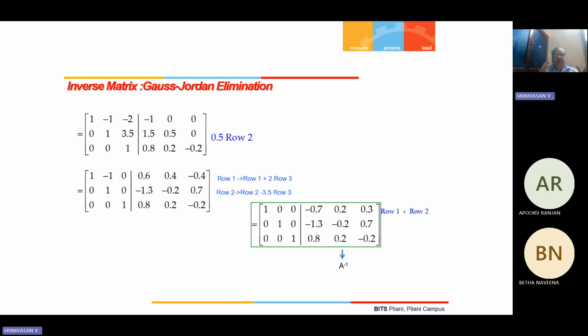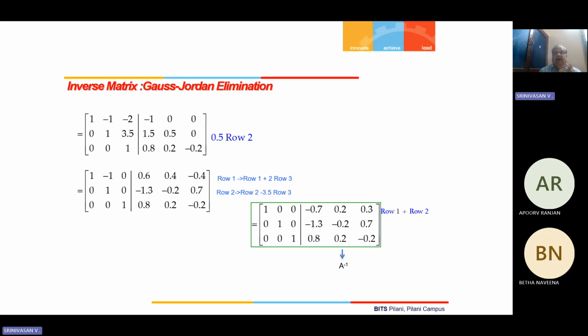So that you will have only principal diagonal elements on the left hand side: 1 0 0, 0 1 0, 0 0 1. That is, one each on the principal diagonal, and all other elements are zeros on the left hand side of the demarcating line. You are then naturally left with a 3 by 3 matrix on the right, and that is the required inverse of the given matrix.